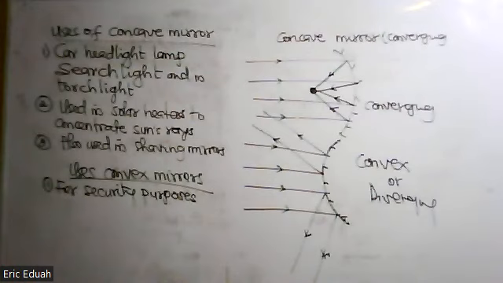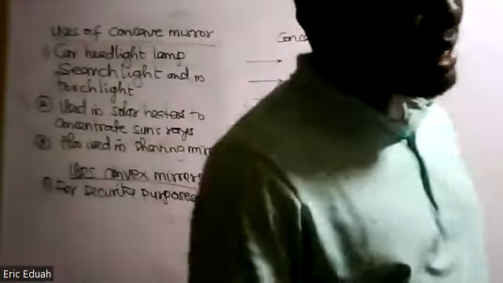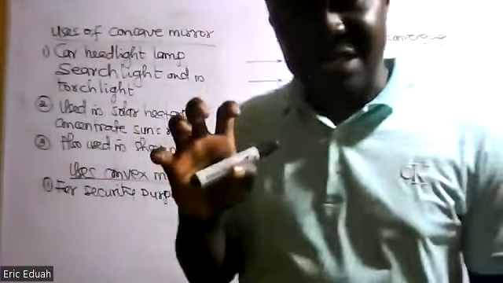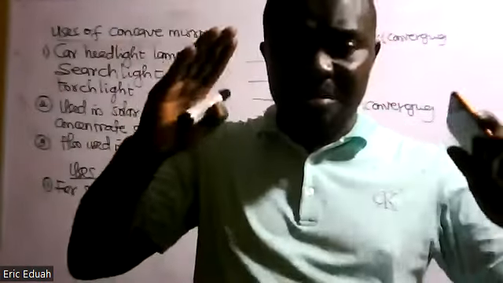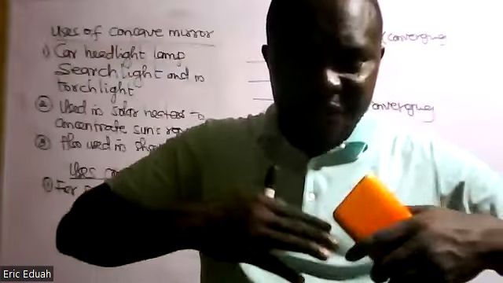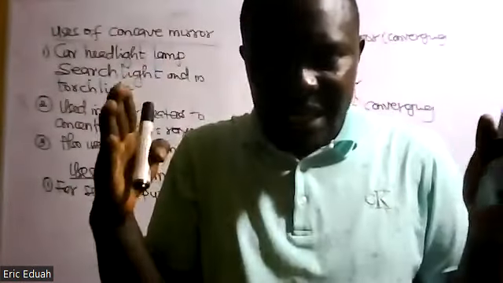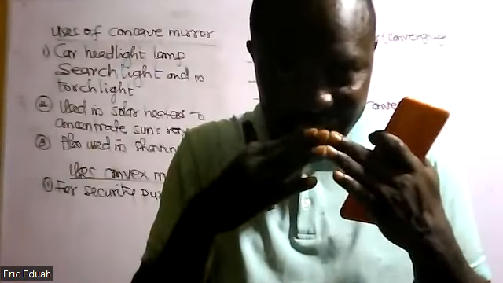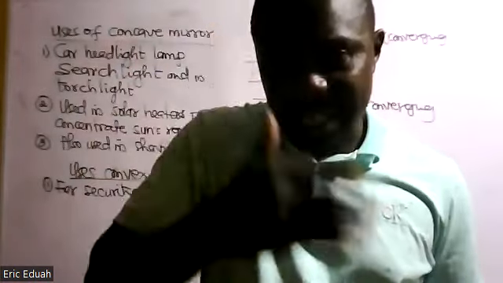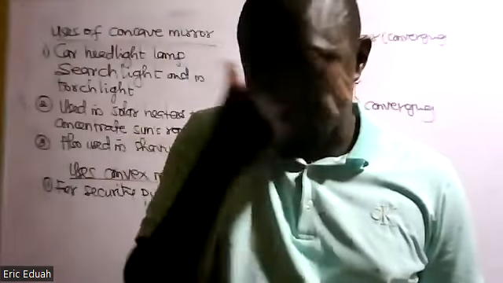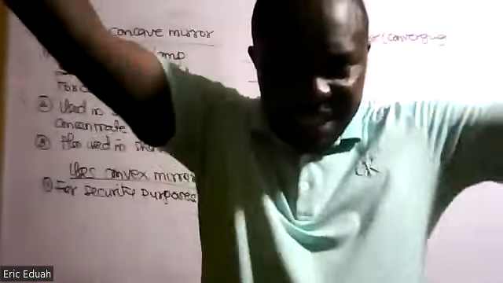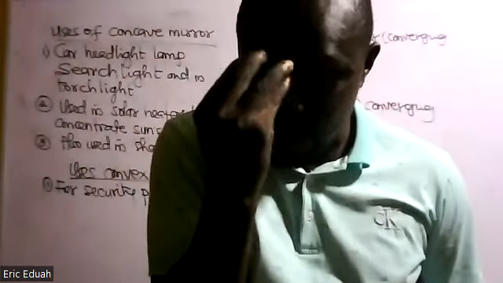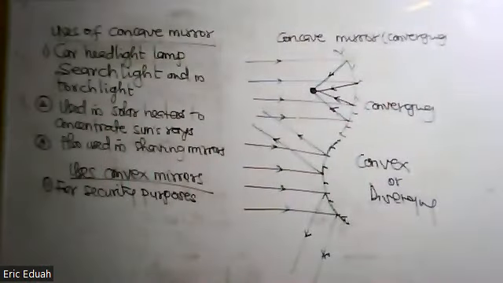Yes, and you see, with the sunglasses, the idea behind it is usually to diverge rays which hit it so that they don't concentrate on your eyes. That is why some sunglasses have reflectors coated on the surface, so that when the light hits it, it can reflect it away so that it doesn't concentrate on your eyes. Is that okay?